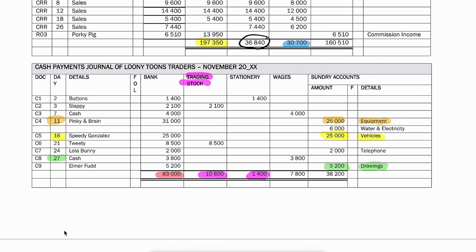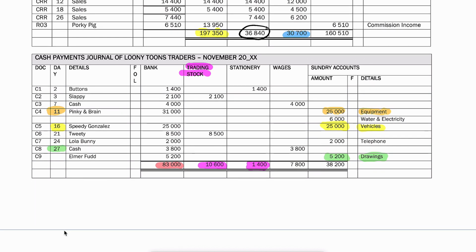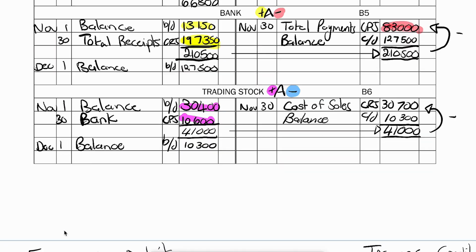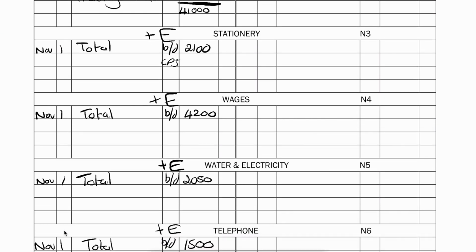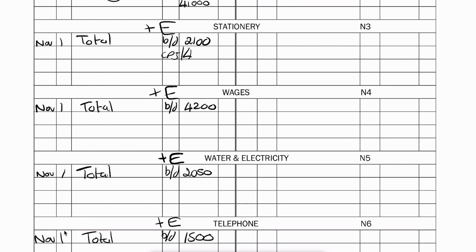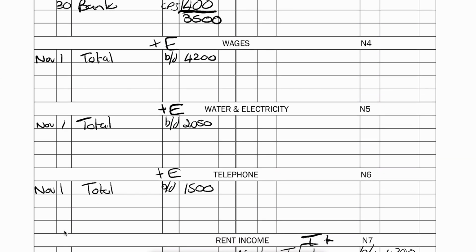It takes place on the last day of the month, or we use the last day of the month because it has its own column, and the amount was 1,400 rand. So we put in our 1,400 rand, and our contra account there would be bank as we purchase stationery. We add those up, and it gives us a total of 3,500 rand.